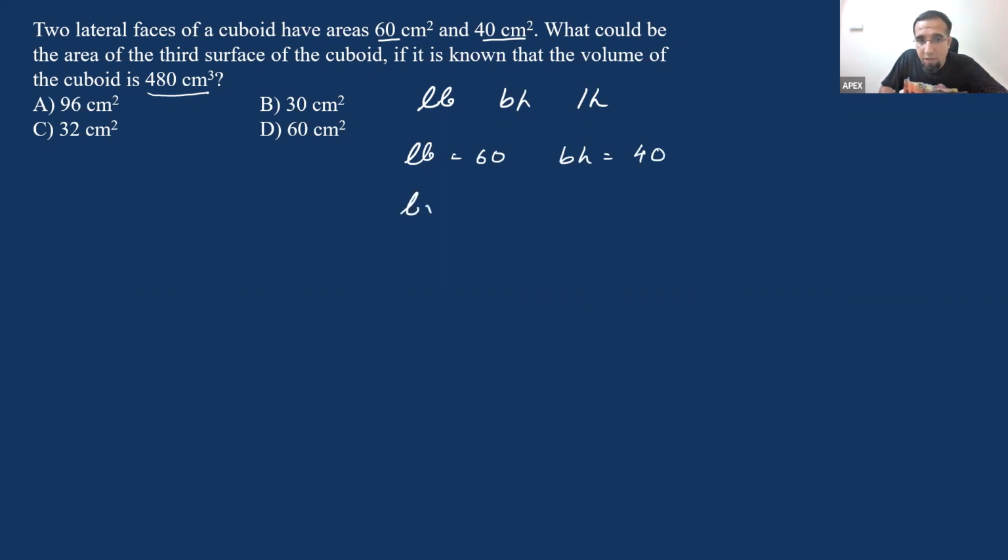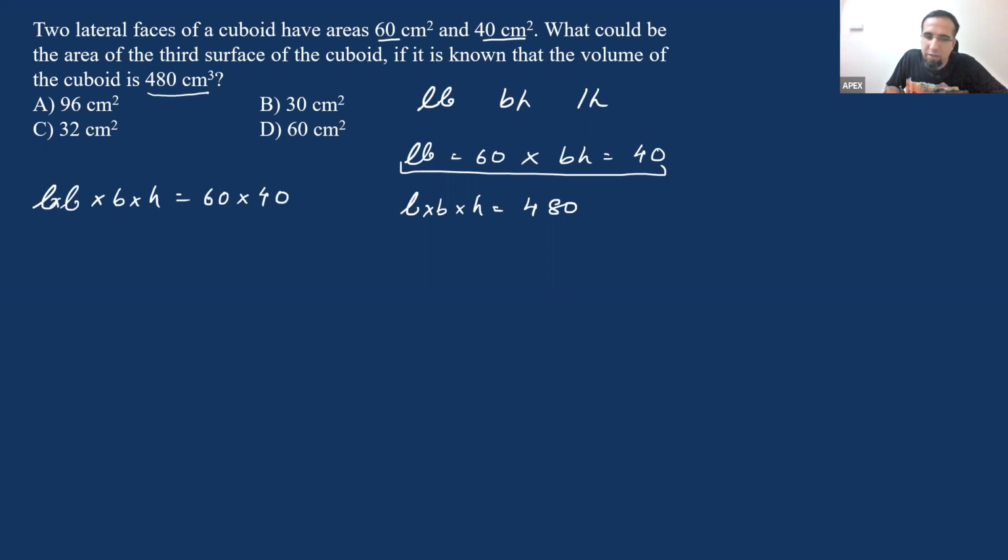Now, what is the volume of a cuboid? Volume of a cuboid is L into B into H. Now, this given to us is 480 centimeter cube. Now, let us use this. If I multiply these two values, let's see, what do I get? So, I'm multiplying L into B into H, which is equal to 60 into 40. Let us not calculate.